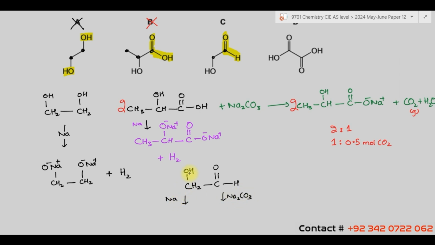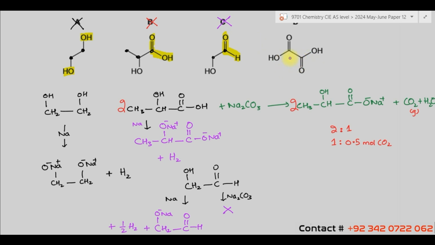With sodium, OH will react, CH2, O negative and Na positive. One hydrogen atom is lost. CHO is unaffected. So when one hydrogen is lost, it means half moles of H2 is formed. With sodium carbonate, there is no reaction, so no gas is formed. So C is also wrong.